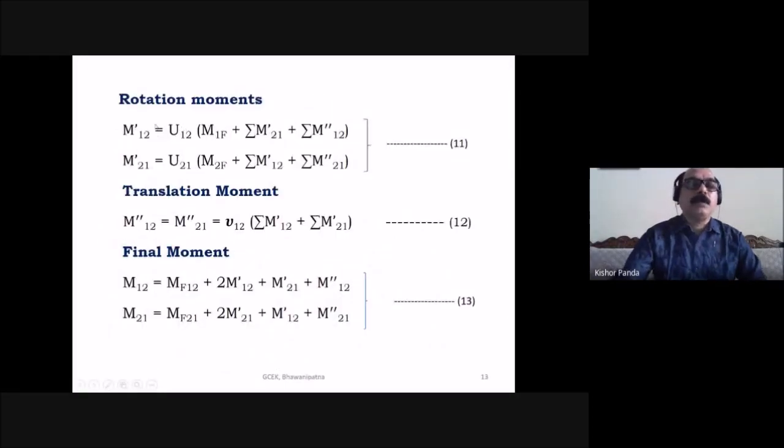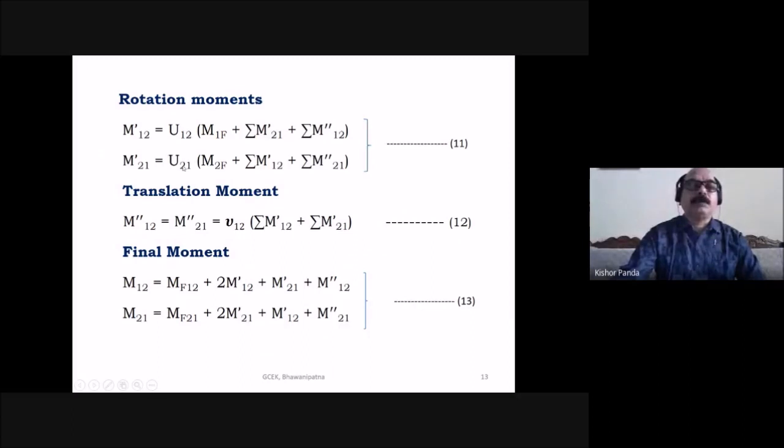Rotation moment is your m dash 1,2. You can find out the rotation moment using this formula. M dash 1,2 is equal to u12 into m1f plus summation of m dash 2,1 plus summation of m double dash 1,2, and m dash 21 is equal to u21.